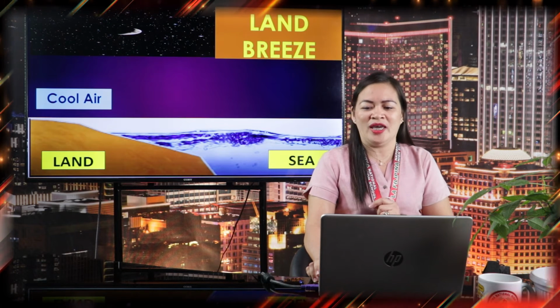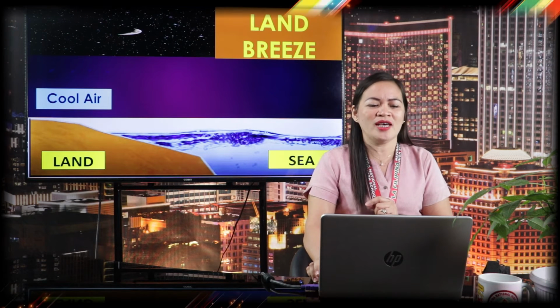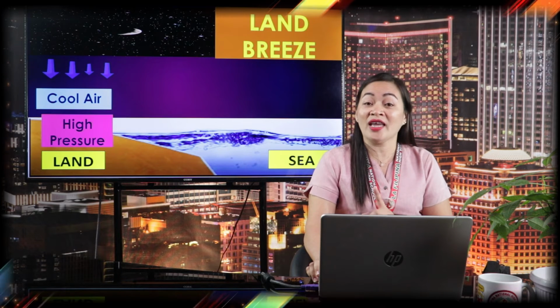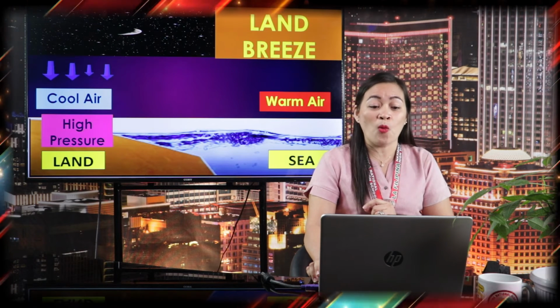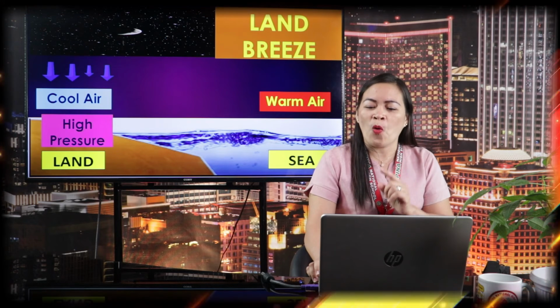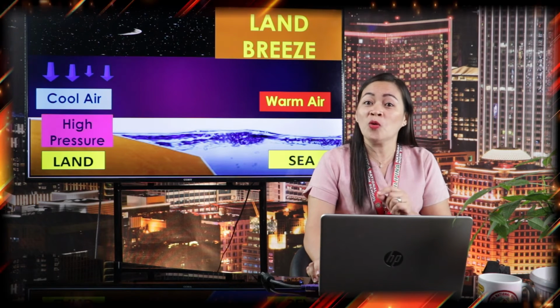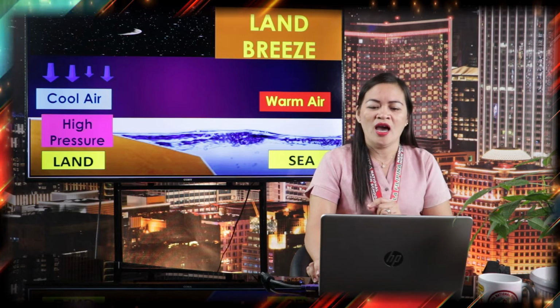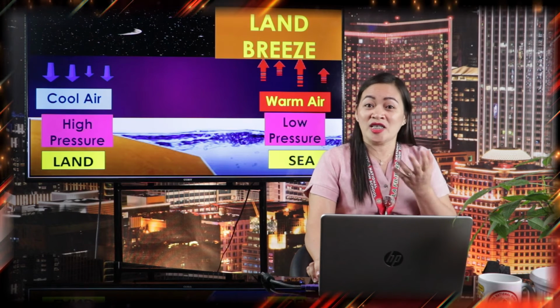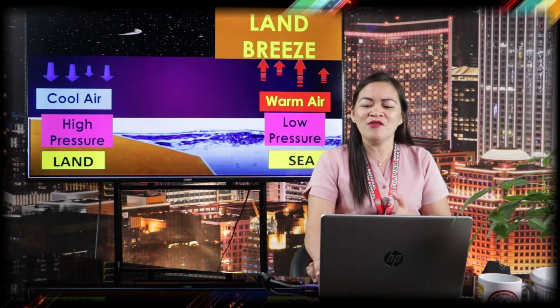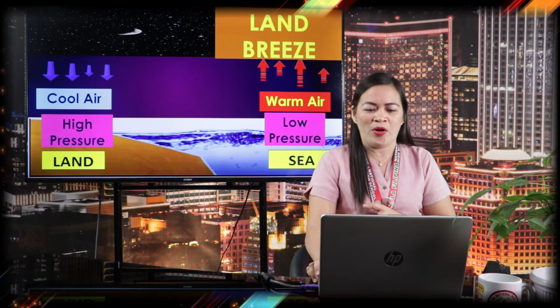Cool air, being more dense, presses over the land, creating an area of high pressure. How about the water in the sea? The warm water in the sea cools down slowly. The air over the sea is still warm. It expands and rises, leaving an area of low pressure.